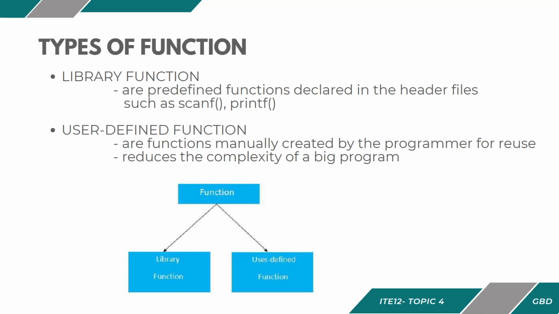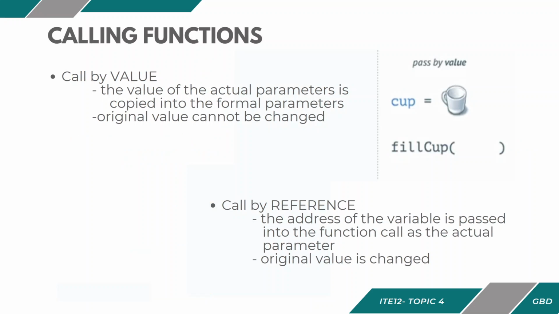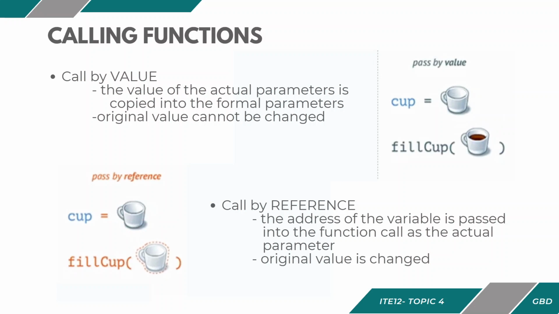And then we also have two ways to call functions. Now you can call functions by value. So when we call functions by value, it means the actual value of the variable is what we pass.